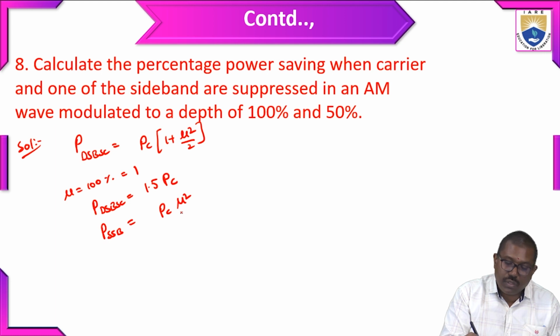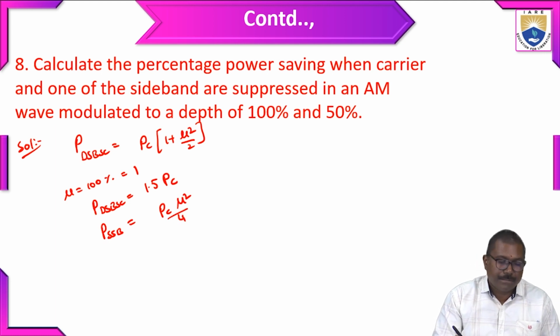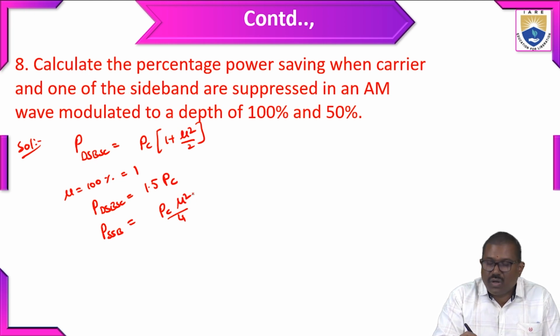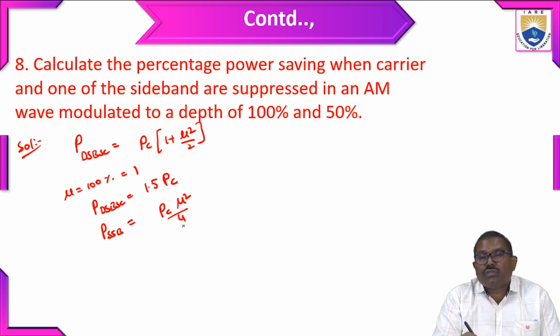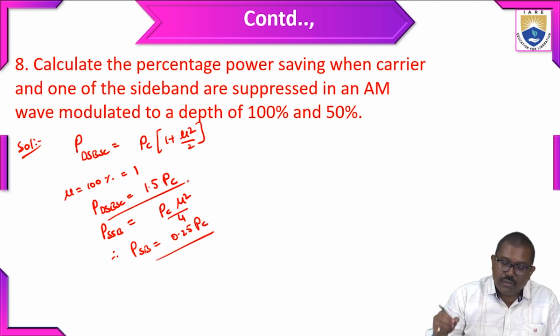Next, the power required for single sideband suppressed carrier transmission is given by P SSB equals Pc into mu square by 4. Again here mu is 1, so 1 square is 1, into Pc divided by 4. 1 by 4 is 0.25. Therefore P SSB is 0.25 Pc.